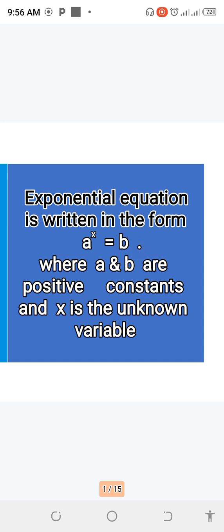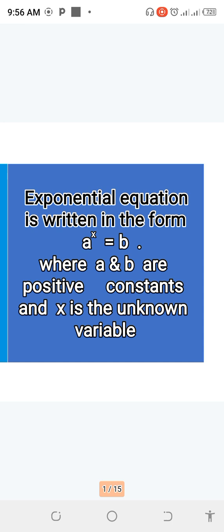So all exponential equations must be in this form, where b may be a power of a. Every time we refer to power in this section, we are going to call it exponents. So a exponent x equals b is a sample of exponential equation.